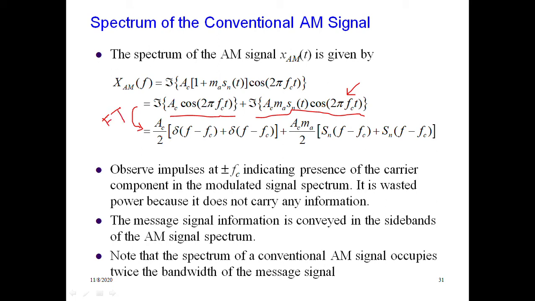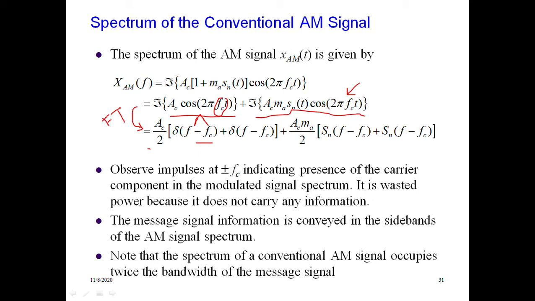Right? So when we have 2 pi fct, the delta will be at f minus fc, and of course we have this AC divided by 2, because the cos will be changed into 2 deltas, each with half of its amplitude. And one more, don't forget, is AC MA divided by 2.